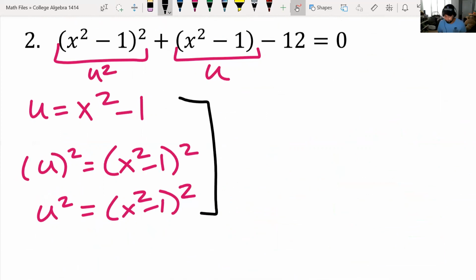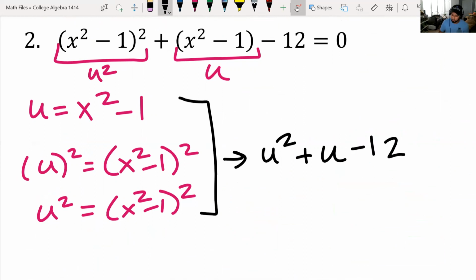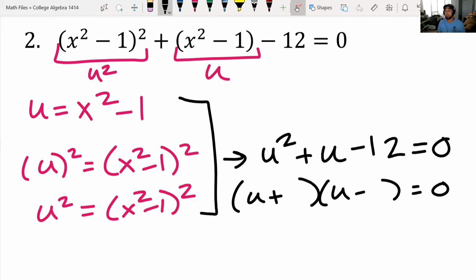So rewrite, and you'll have U squared plus U minus 12 equal to 0. Hey, this looks familiar, right? So factor it. U plus a number, U minus a number equal to 0.